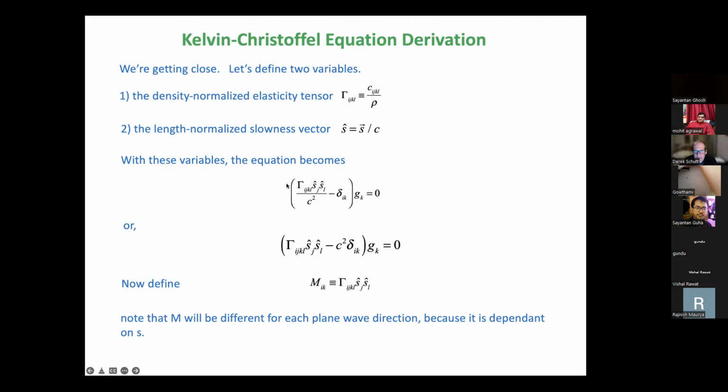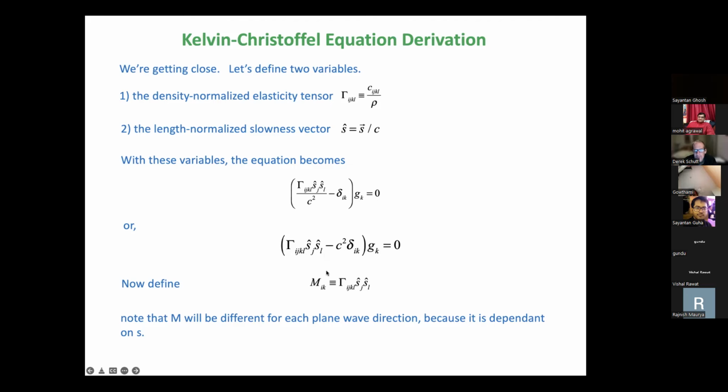With these variables, the equation becomes capital gamma_ijkl s-hat_j s-hat_L all over c squared, well, here's the phase velocity, minus delta_ik, our Kronecker delta, times g_k. Or we can multiply through by c squared and get this here.